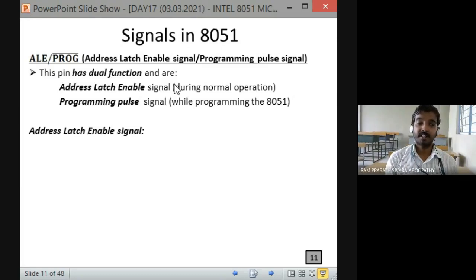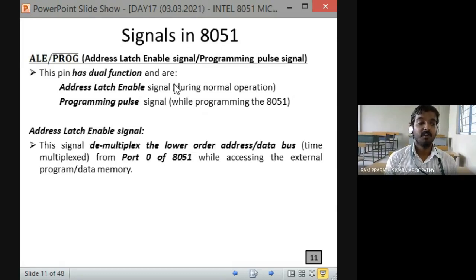Fine. The address latch enable signal we all know. This signal demultiplexes the lower order address and data bus from port 0 of the 8051 microcontroller while accessing the external program memory or data memory. Fine. When we go for external access, what do we need? We need the address and data bus. Correct?